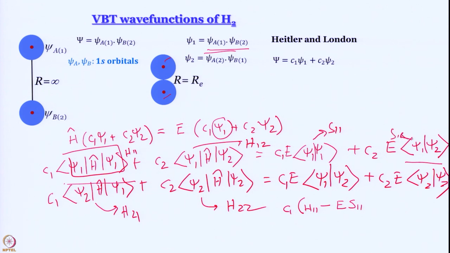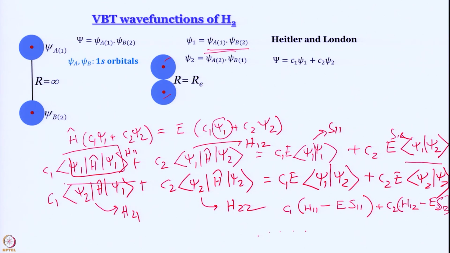This is S12, plus C2 multiplied by H12 minus E S12, and this way we get another equation also in C1 and C2. So, system of linear equations, we will get the secular determinant, and for a non-trivial solution that secular determinant has to be equal to 0.